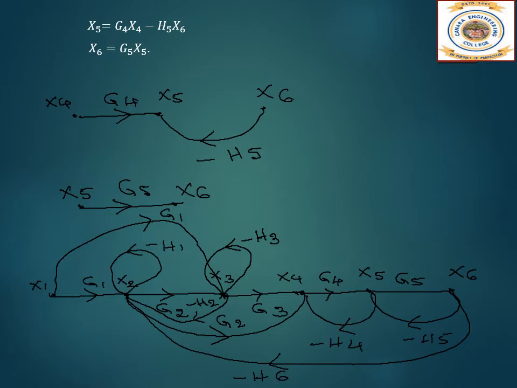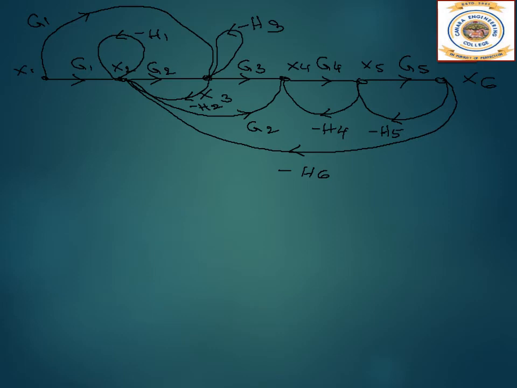Next we have to write the forward path gains, loop gains, and then finally the transfer function. So let us see what the forward paths and the loops are. Here, G1, G2, G3, G4, G5 is one forward path.